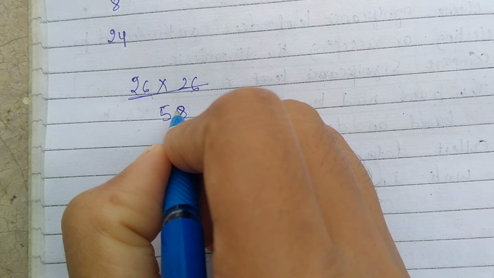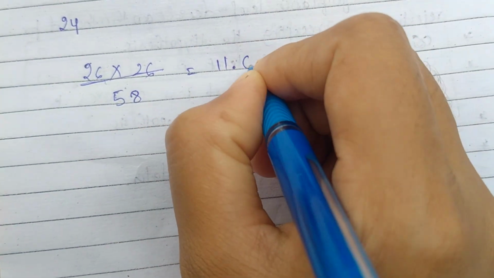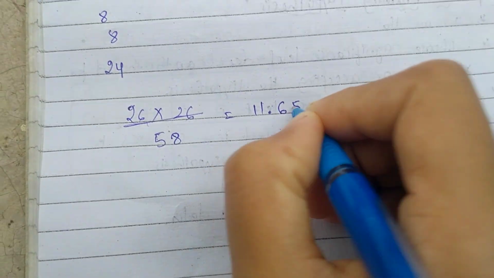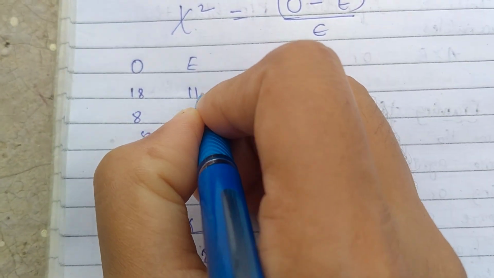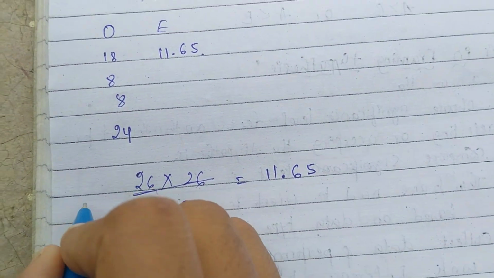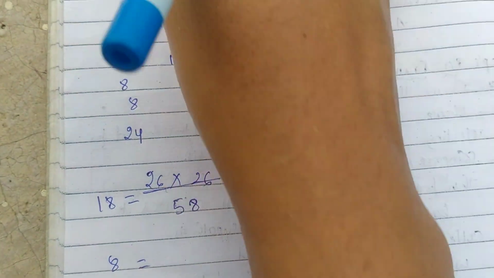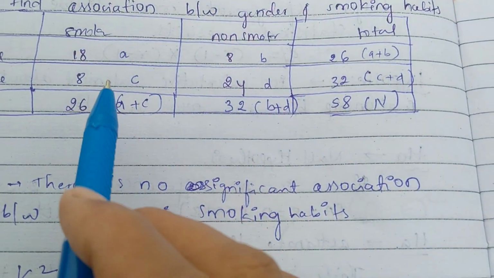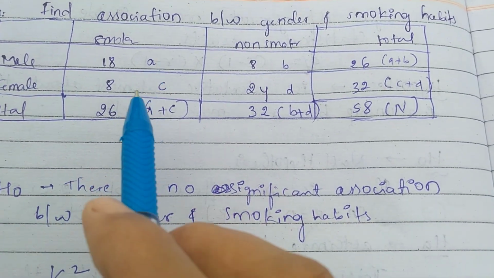After dividing, we get 11.65. This is our expected frequency, and we put this value in. Similarly for the 8 cell, we take the same totals.